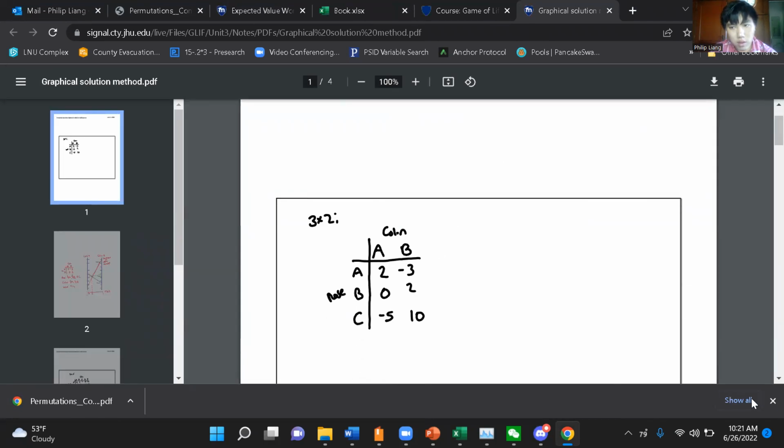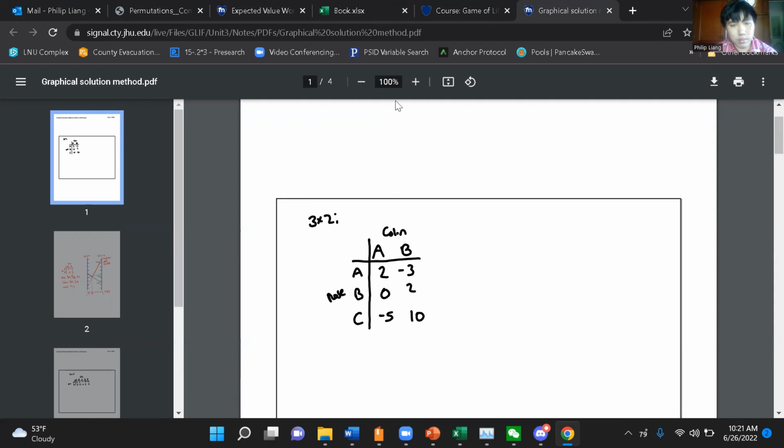So let's say we've got a game like this one. First, we could establish that there are no pure strategy equilibria.